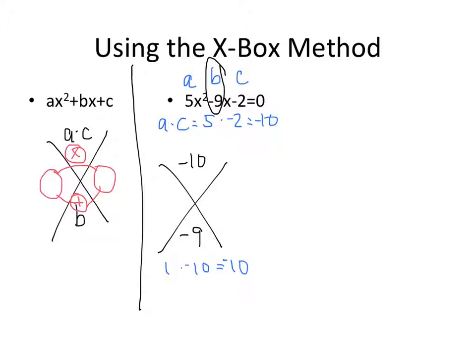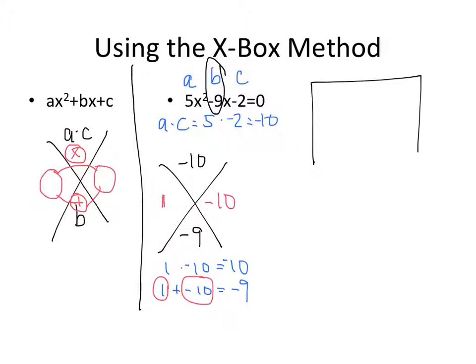But if I make this a negative 10, I can do 1 plus negative 10 equals negative 9. So that means these are the numbers that I want: 1 and negative 10. So that's the first part. I've got my x. Now let's do my box. Here's my box.